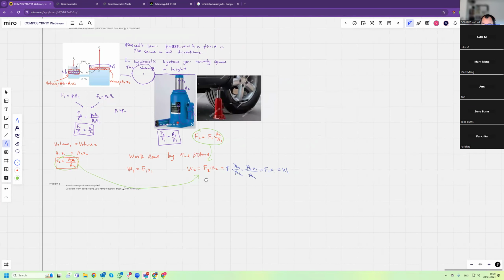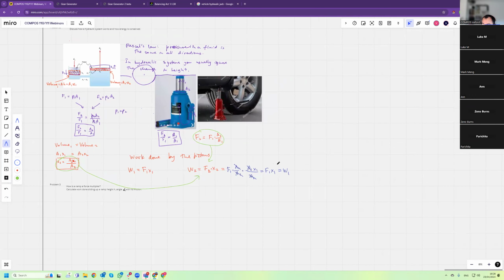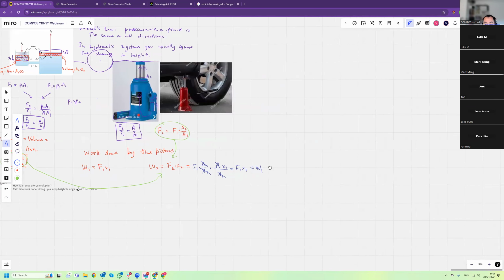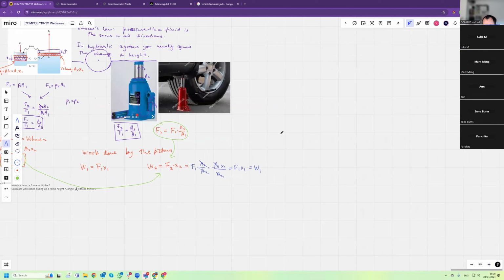So you win in force, but you don't win in energy. So conclusion: it increases force, but the work is the same.